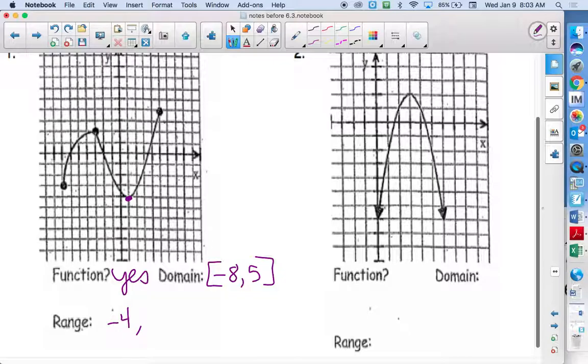And the highest point of the graph? And what would go around there? Brackets. So you're finding the minimum, you're finding the maximum, and writing those points. So Eden, number 2, is this one a function? Yes, it is a function.